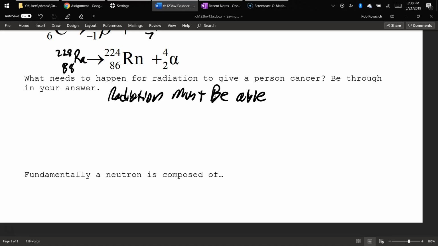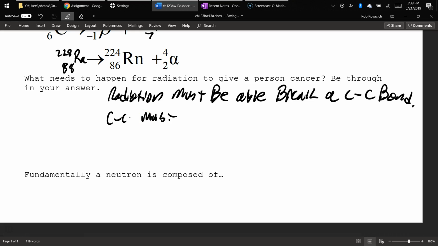To break carbon bonds. It needs to break a carbon-carbon bond. That takes a significant amount of energy. Can it break any carbon-carbon bond? Like what happens if it breaks a carbon-carbon bond on your nail or in your hair or on the dead layer of skin surrounding your body? Has to be in DNA. So this carbon-carbon bond must be a DNA bond.